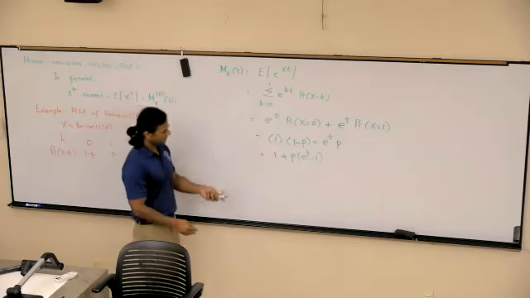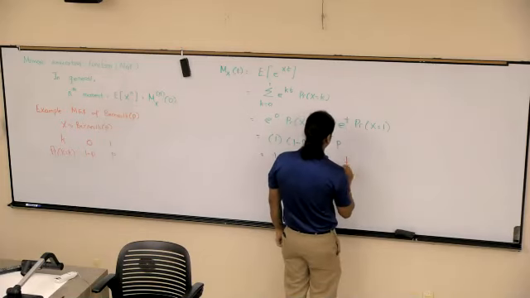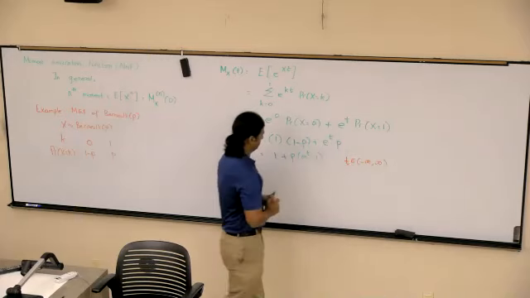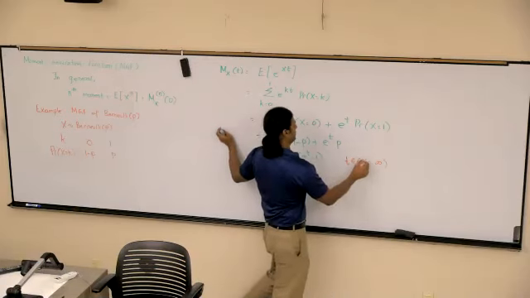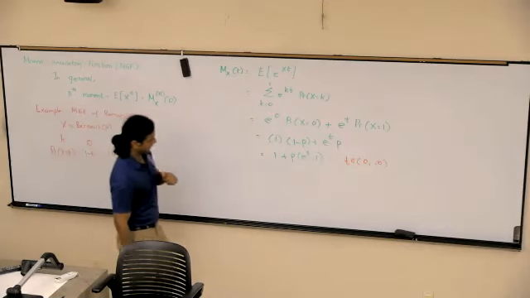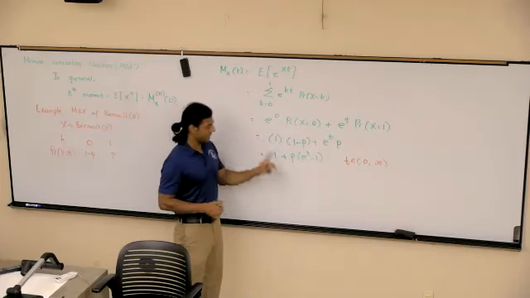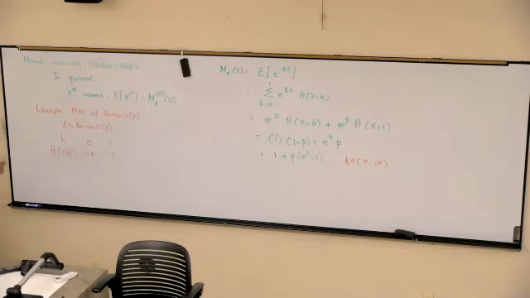Now I can find the expectation using the moment generating function. What is the expectation of a Bernoulli random variable? It is p.